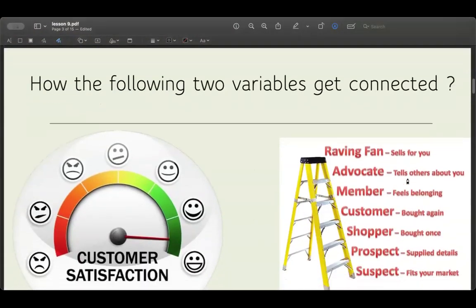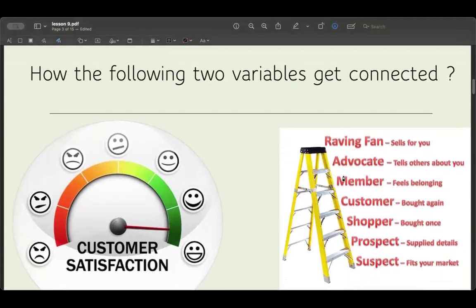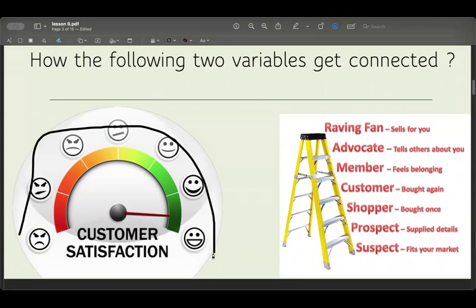How do the following two variables get connected? For example, let's assume we have customer satisfaction here. From here to here, the customer satisfaction level goes up.